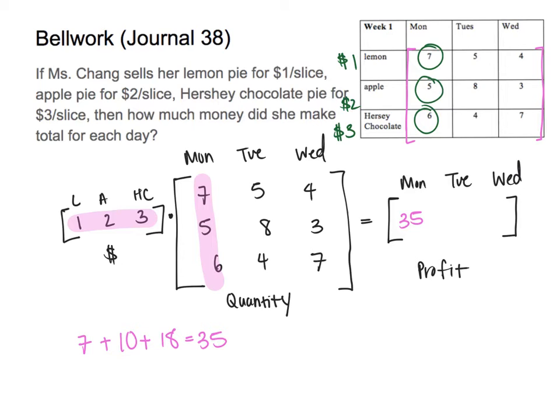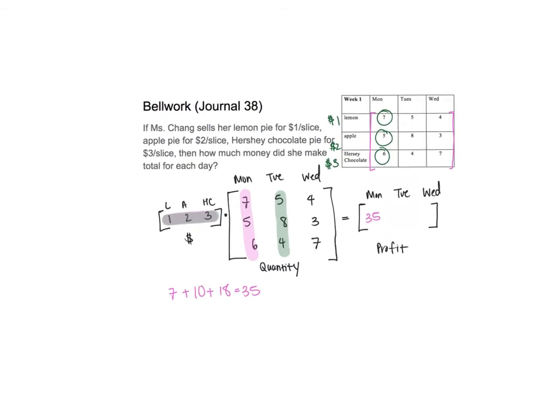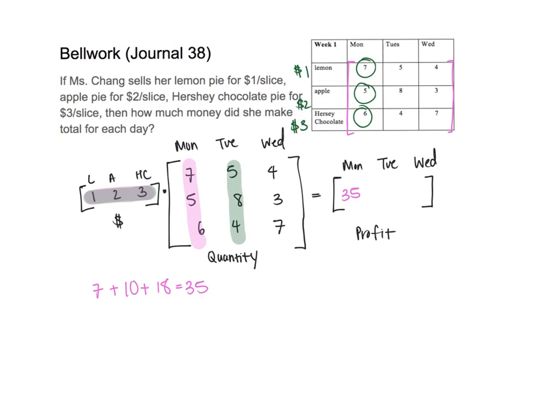All right, now I'm going to multiply this row, the prices, with this column, Tuesday, to figure out Tuesday's profit. It's very similar to what I did for the last column.